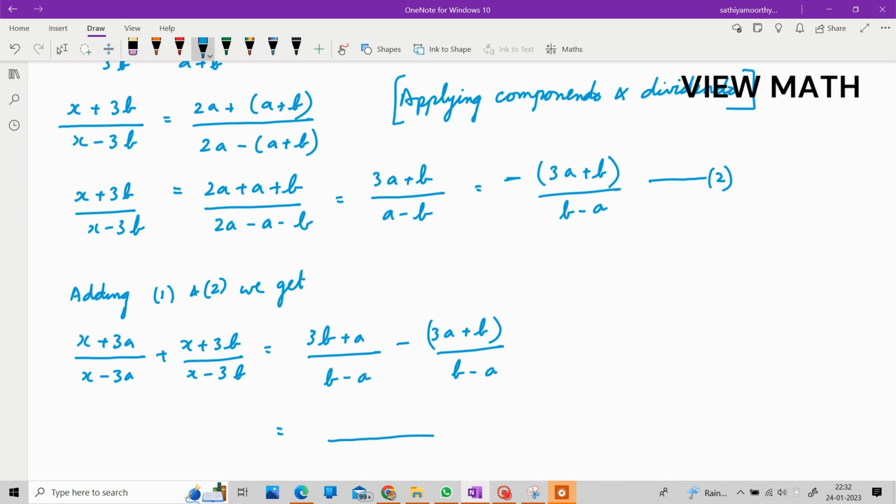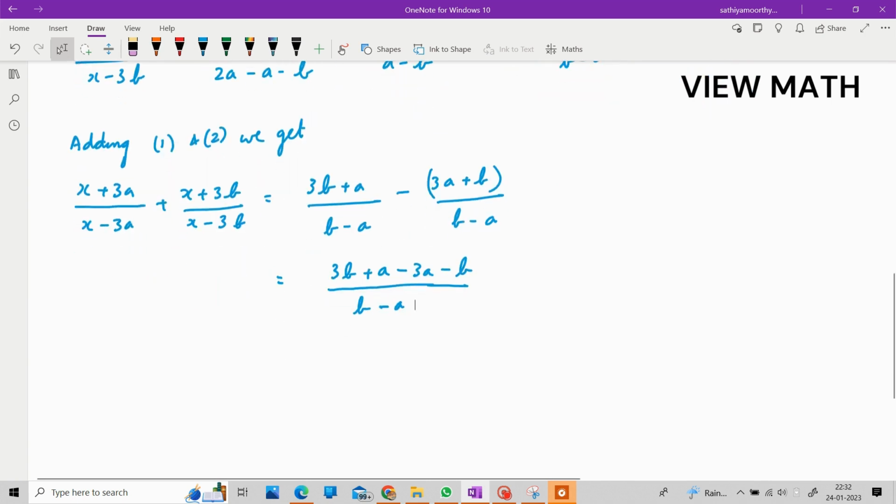Now let me take the LCM together. The denominator is the same, so I can combine the numerator. I'll be getting 3b plus a, minus sign I'm going to multiply inside the bracket, I get minus 3a minus b. Let me simplify this. This is equal to 3b minus b, so it becomes 2b. Again a minus 3a, it becomes minus 2a, by b minus a.